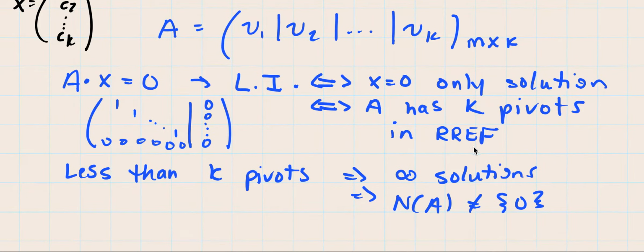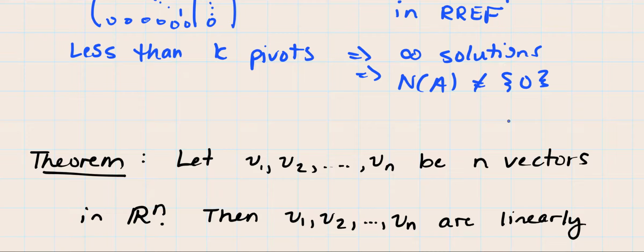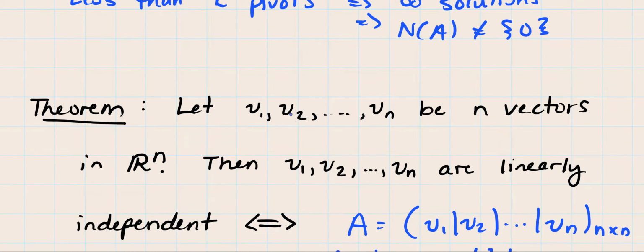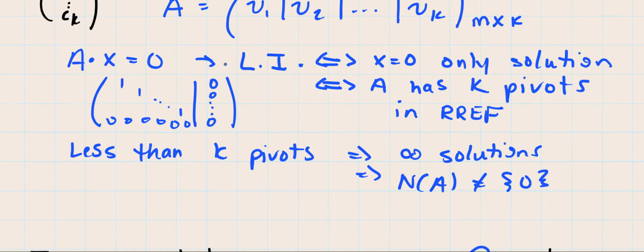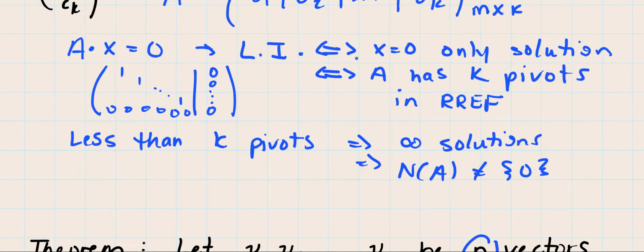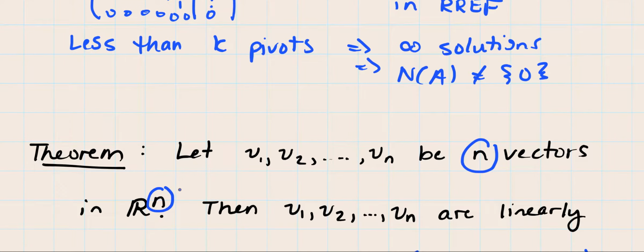Here we're going to look at a theorem and be very specific in this theorem. Suppose that we have n vectors in Rn. Compare this to what I just said a minute ago. Before, I had k vectors in Rm. I want these two numbers to be the same. I want n vectors in Rn.